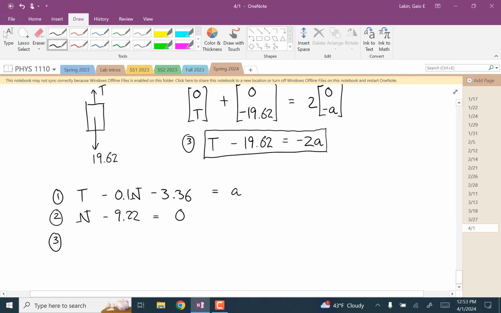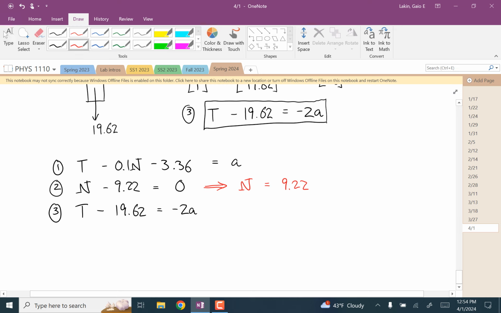And the third one says T minus 19.62 is equal to negative 2a. Well, n minus 9.22 equals 0 says that n is equal to 9.22. So I'm going to substitute that into the only other equation that has n in it, and make this a system of 2 equations for 2 variables.